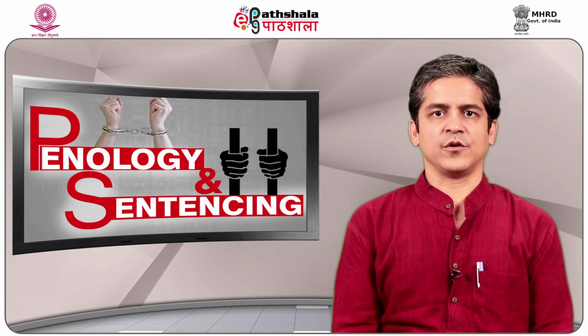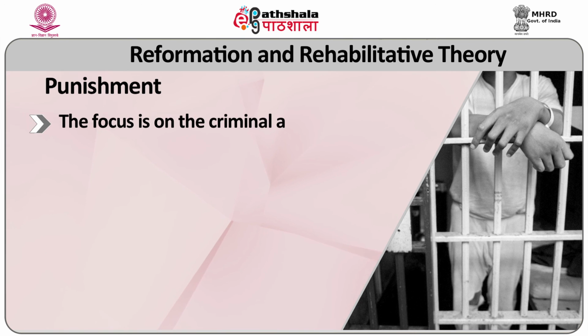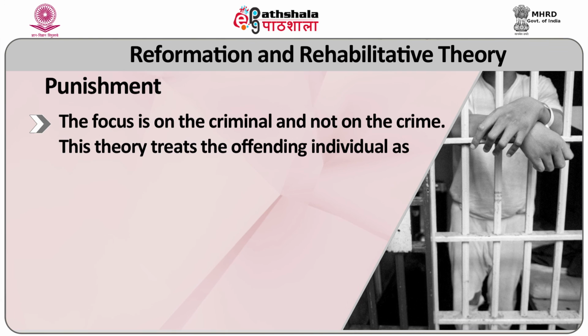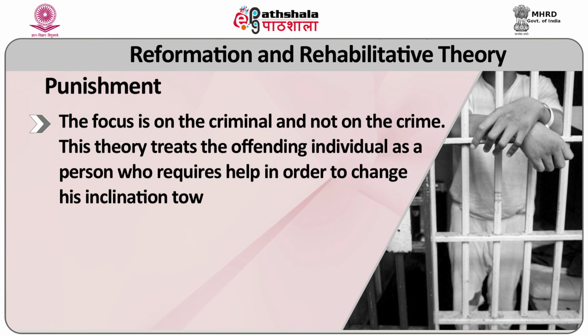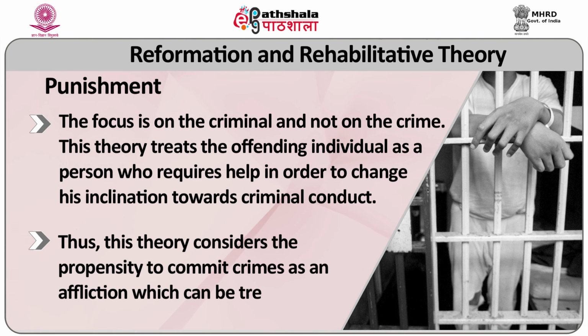In the reformative or rehabilitative theory of punishment, the focus is on the criminal and not on the crime. This theory treats the offending individual as a person who requires help in order to change his inclination towards criminal conduct. This theory considers the propensity to commit crime as an affliction which can be treated.